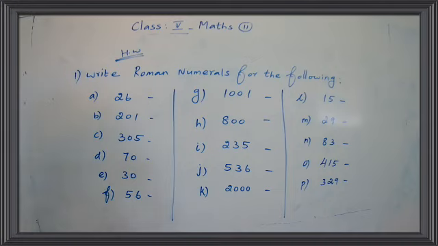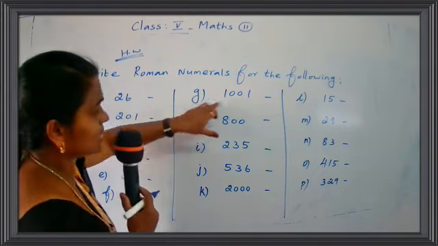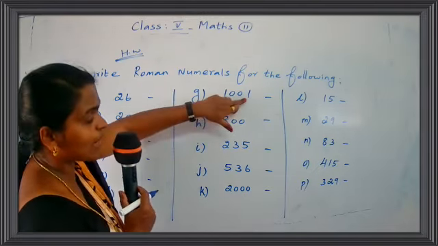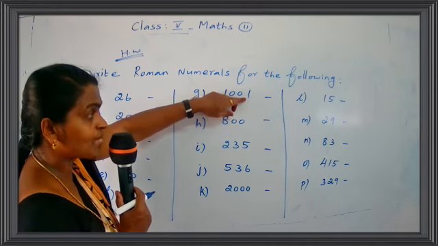Next, 30. 30 can be written as X plus X plus X, that is 10 plus 10 plus 10. Yes or no? So that is 30. 56. 56 can be written as 50 plus 6. Okay, very easy question. And G. 1001 can be written as 1000 plus 1.